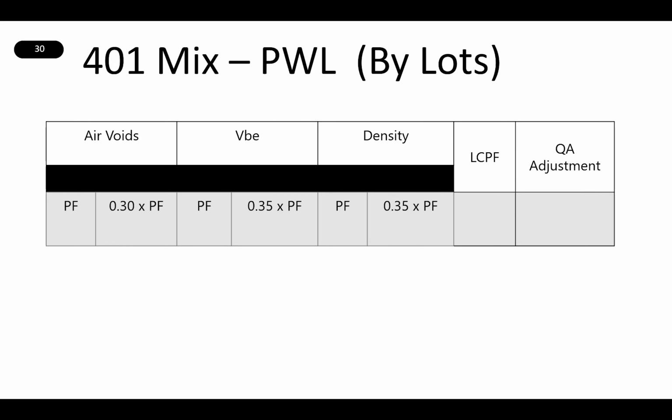So if we have a PWL, we then want to calculate the pay factor that corresponds with that PWL. How do we fill out this table now that we have the PWL?